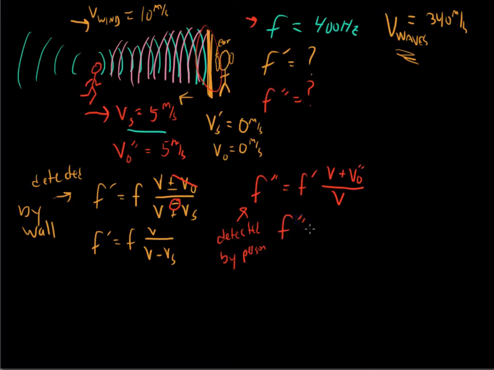And I can say that the frequency that's heard by the person is going to be equal to, if I take this and plug it in, the original frequency, V over V minus Vs, times V plus V observer double prime divided by V. And one of the nice things is that the original velocity, or the velocity of the waves, cancels out in this regard, and now we just have a pretty simple problem.